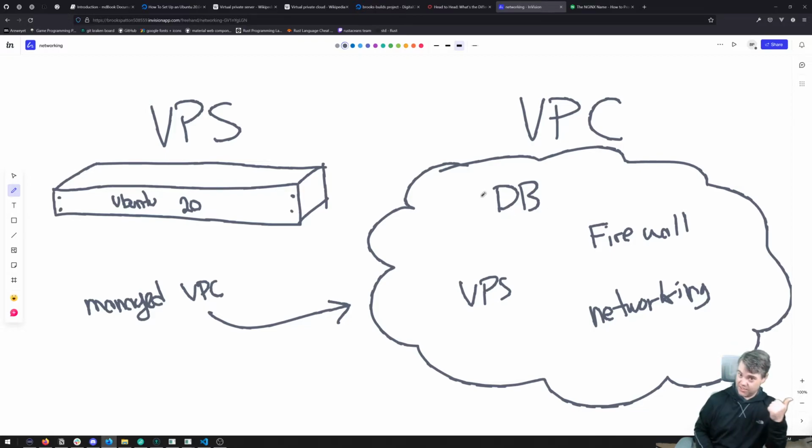So somebody has the computer, the server that the database is running on, they're keeping it up to date, they're making sure it's running properly. They're also dealing with the firewall and the networking. Maybe they're even managing our VPS for us. That's getting more and more expensive. You're paying for that. So for example, Heroku had their cheapest tier at $7 per month.